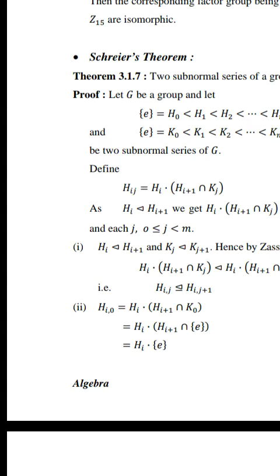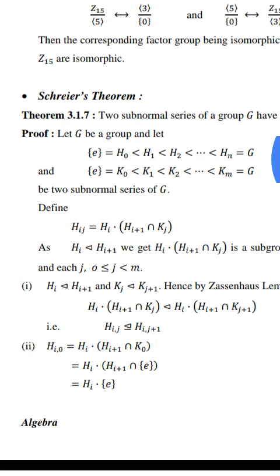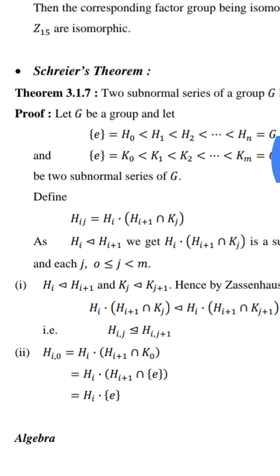Let G be a group and let {e} = H0 ⊂ H1 ⊂ H2 ⊂ ... ⊂ Hn = G and {e} = K0 ⊂ K1 ⊂ K2 ⊂ ... ⊂ Km = G be two subnormal series of G.